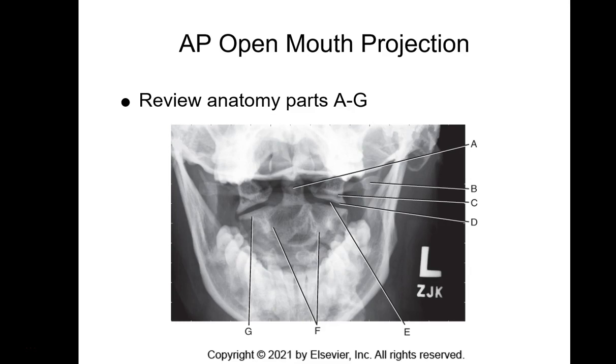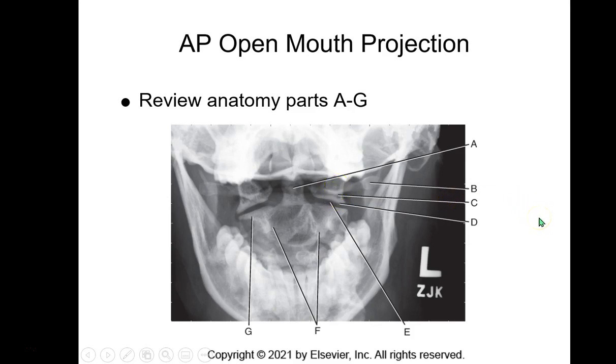So let's label this radiograph really quickly here before we conclude. So A, of course, as we talked about, is the dens of C2, poking up through C1. B is pointing to the left transverse process of C1. C is pointing to that pillar or lateral mass of C1.